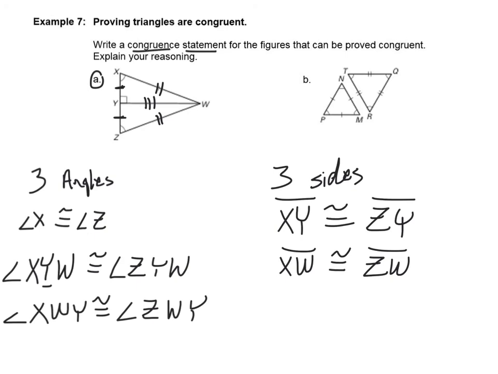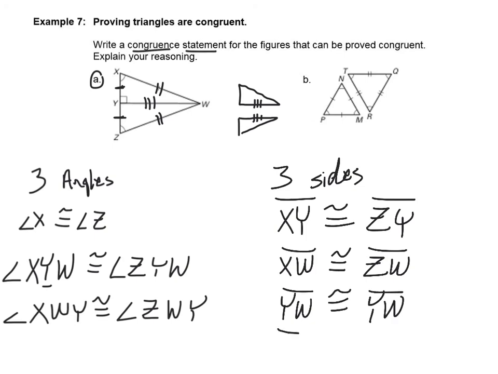Now, technically, it's the same side on each triangle, but if I were to split them apart, they're both going to be sharing that one side down the middle. So it must be congruent on both of them. So I can say that YW is congruent to YW. It seems very repetitive, all right, but this is an example of the reflexive property.